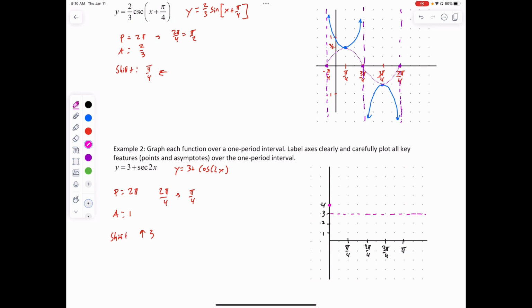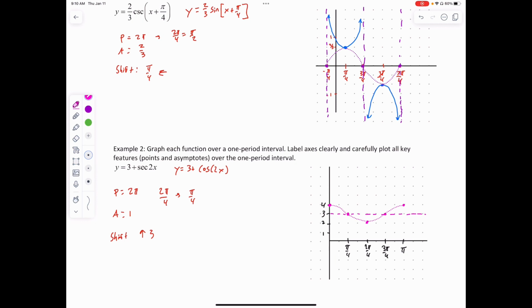Then I go to equilibrium, then down, then back to equilibrium, and then back to 1. Using my dotted line for the cosine, I get a wave that looks kind of like this.